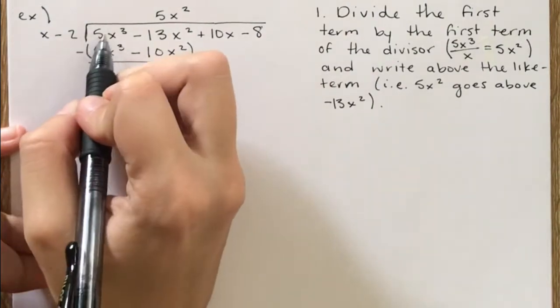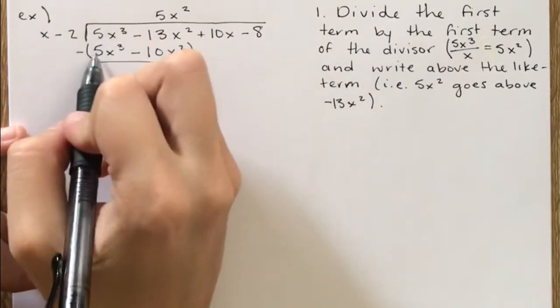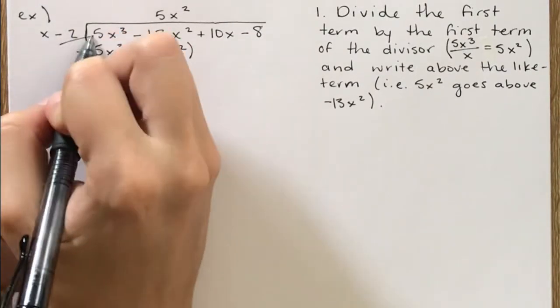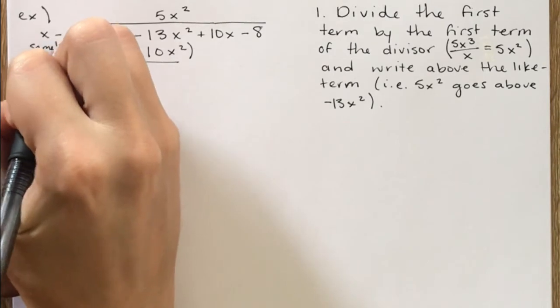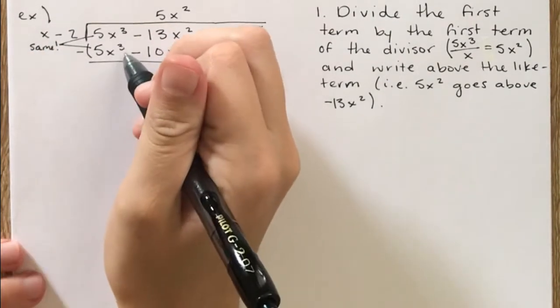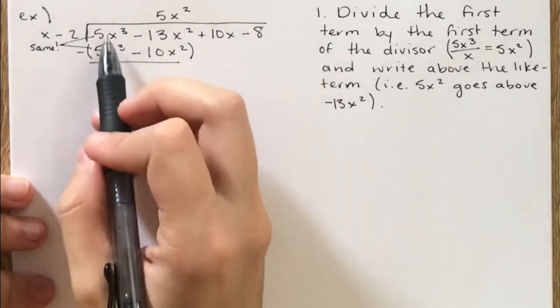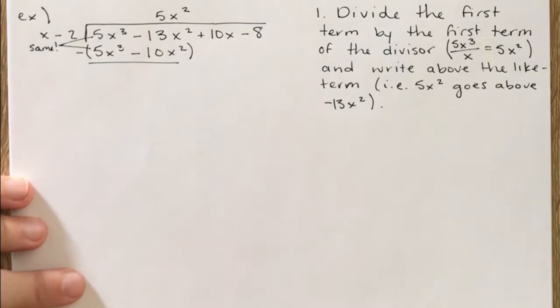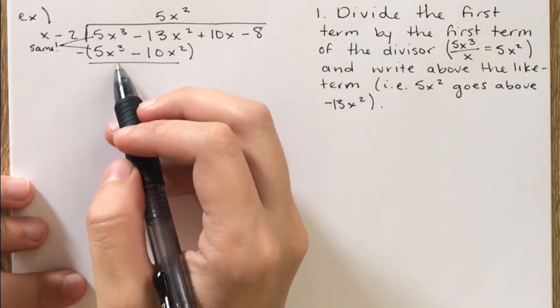I want us to notice that our first terms here, 5x cubed and 5x cubed, are the same. That is on purpose. The first terms that we have here should always be the same. We want them to be the same so that they cancel when we subtract. So 5x cubed minus 5x cubed is 0, so I'm just not going to write anything there.